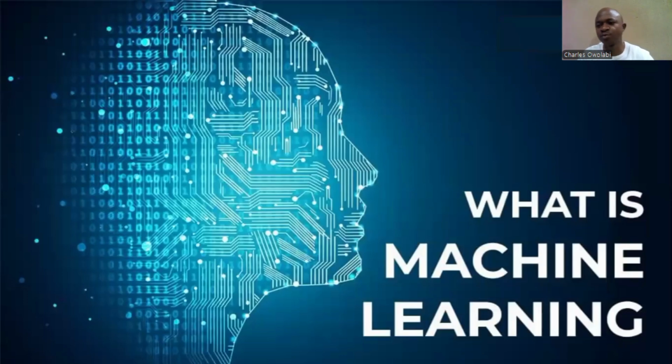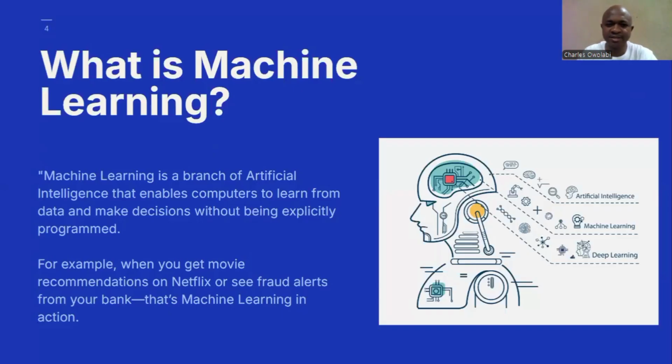Now, let's really look at what is machine learning. Machine learning is a branch of artificial intelligence, just like I said earlier on the first page. This aspect of IT enables computers to learn from data and make decisions without being explicitly programmed.